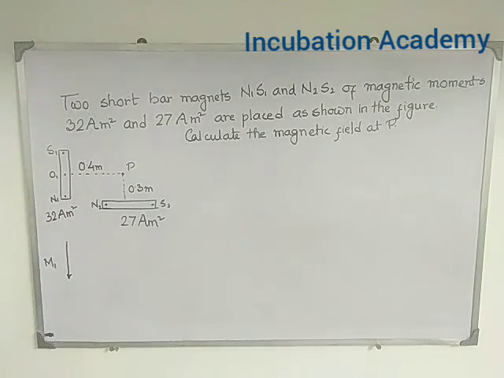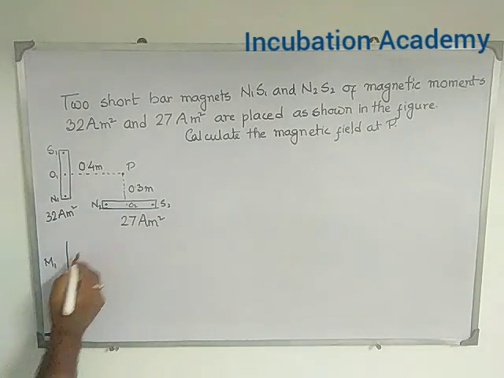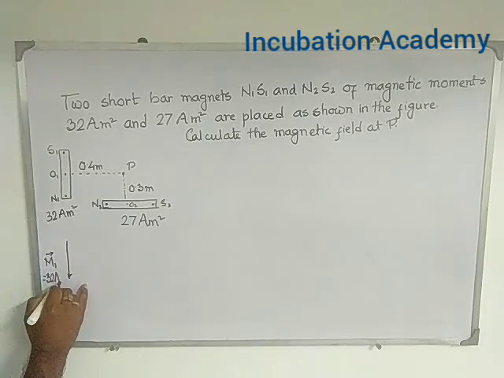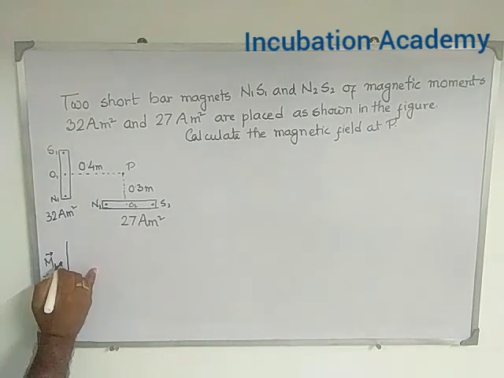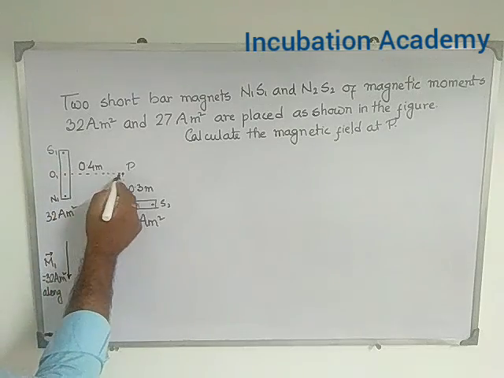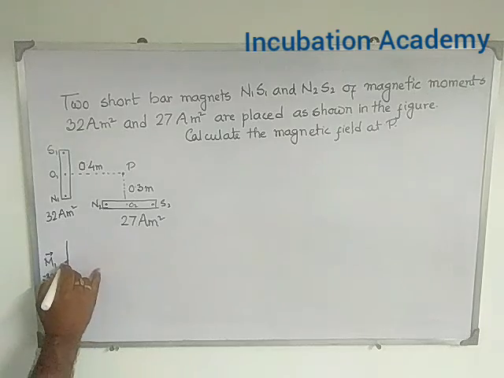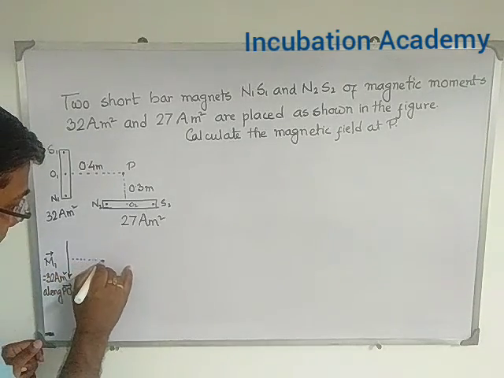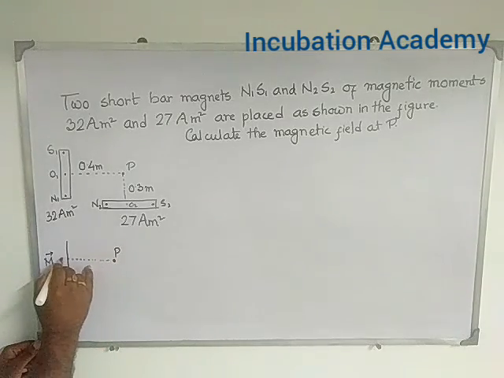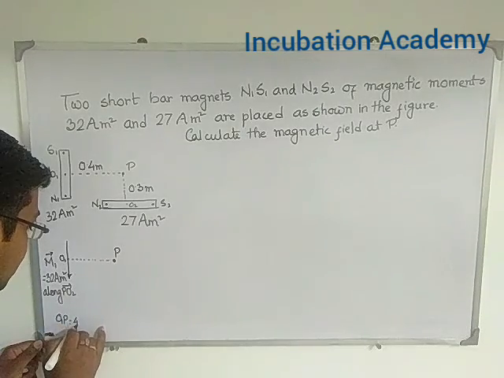If I denote this point as O2, then the magnetic moment M1 is 32 ampere meter square along PO2, and this point P is at a distance here, and it is O1, so we can say O1P is 4 meter.